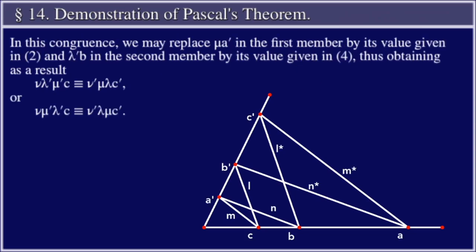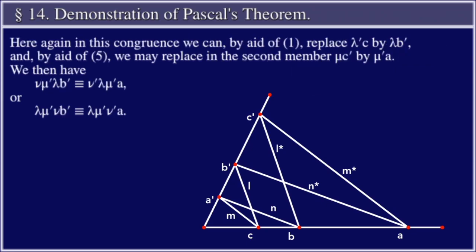In this congruence, we may replace μa' in the first member by its value given in 2, and λ'b in the second member by its value given in 4, thus obtaining as a result νλ'μ'c ≡ ν'μλc', or νμ'λ'c ≡ ν'λμc'.